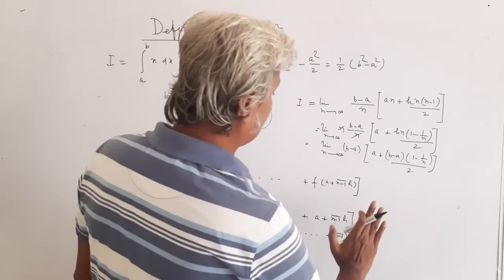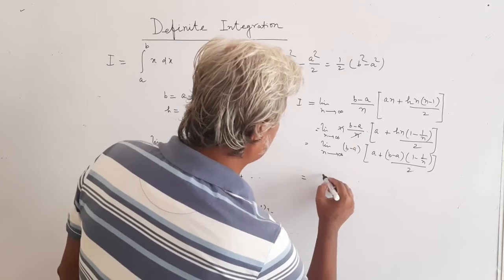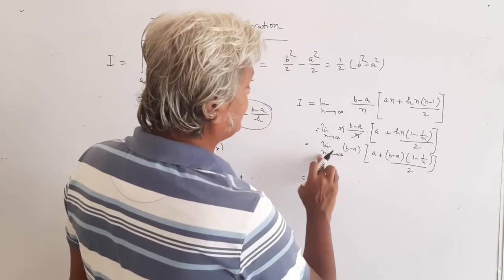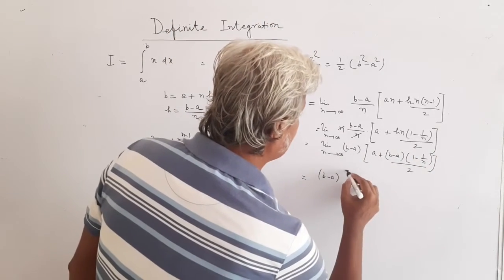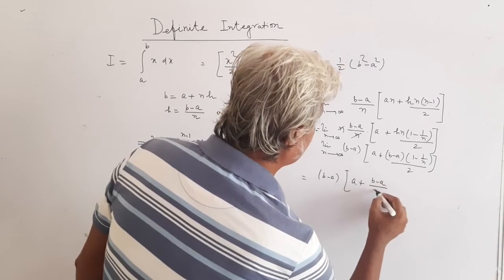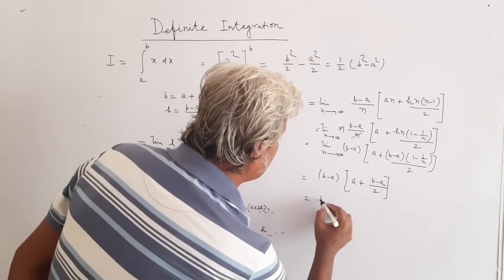Final your answer will be, let me remove this part, it's not required. Then what do you need? You need b minus a. N is infinity, so n tends to infinity, so 1 by n tends to 0. So this part vanishes. Now you have a plus b minus a by 2. Okay, now let me simplify this part.